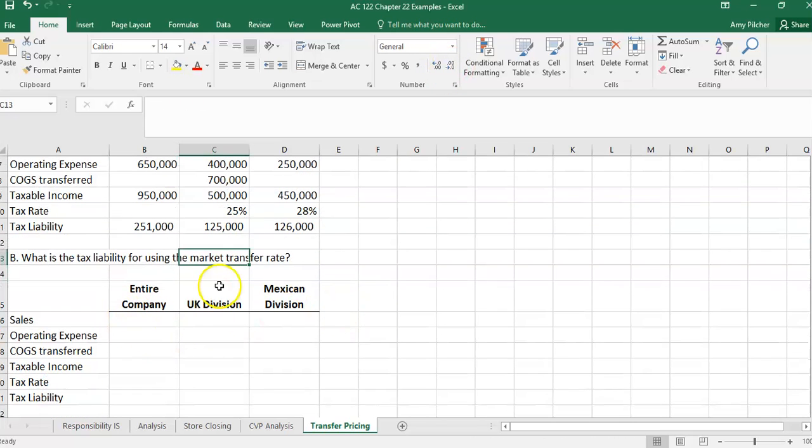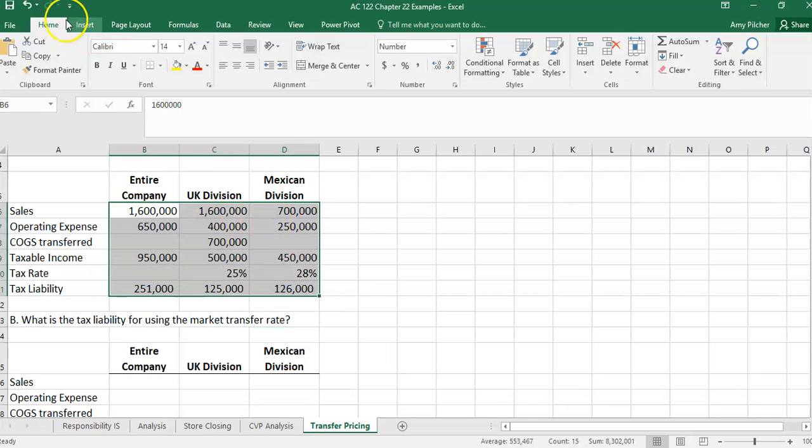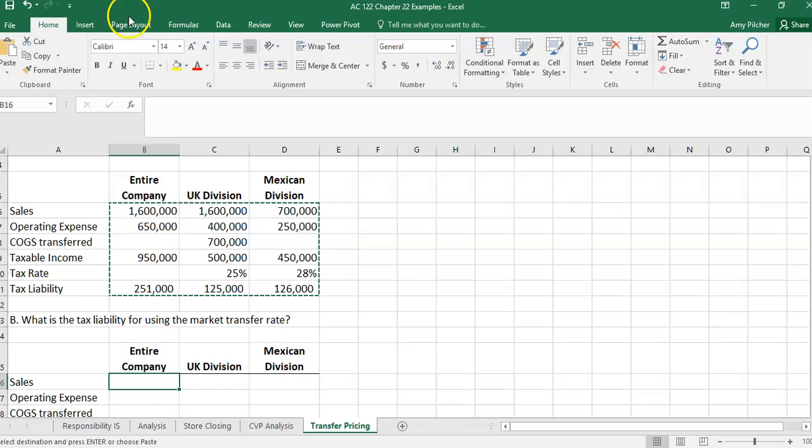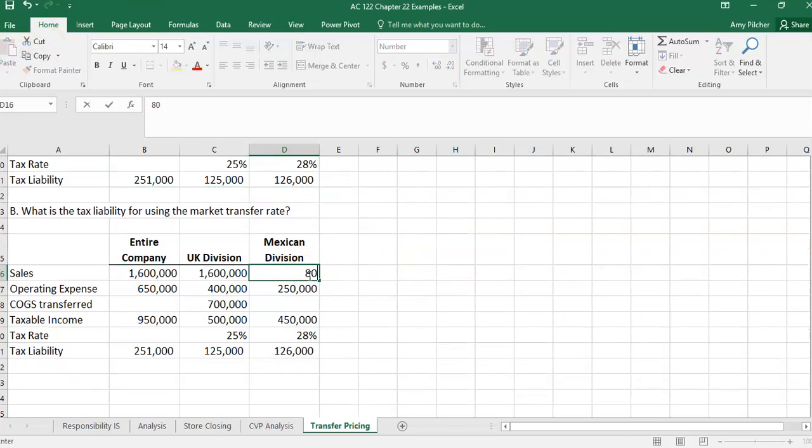Then we're going to look at what our options are using the market transfer rate. Well, we have all of this same information here. The only thing that changes is that our rate is now 800,000 and our cost is 800,000. So that changes the tax liability for each organization.